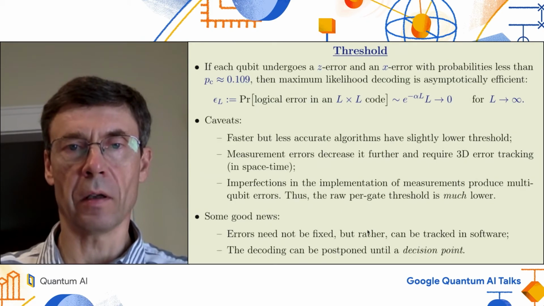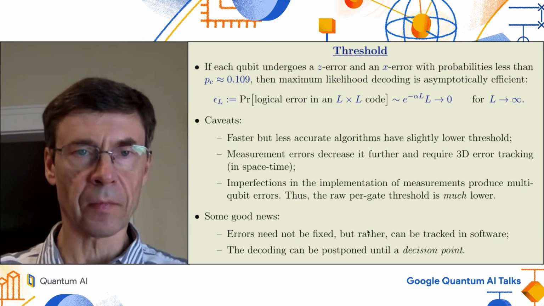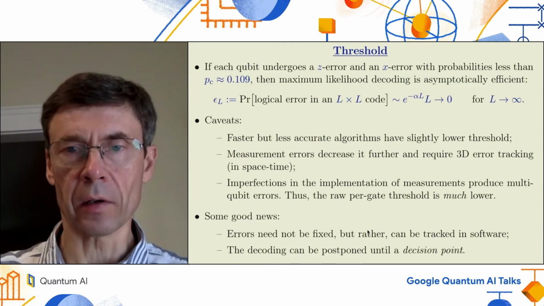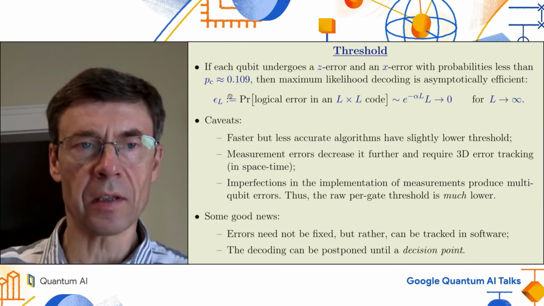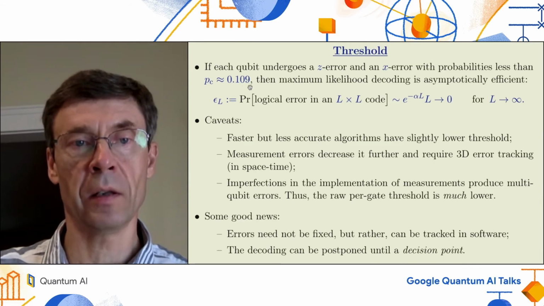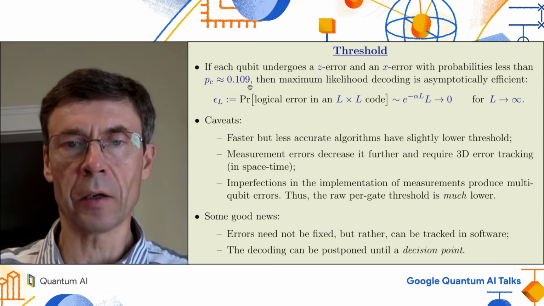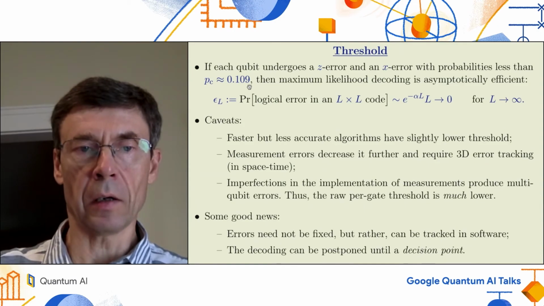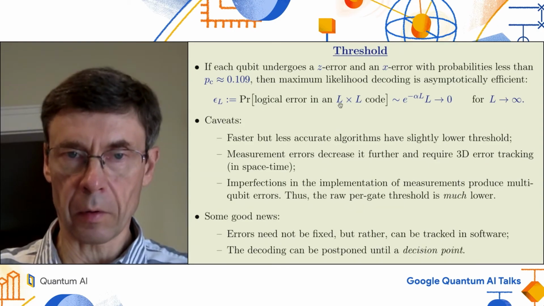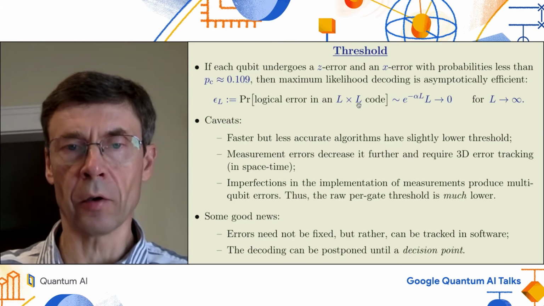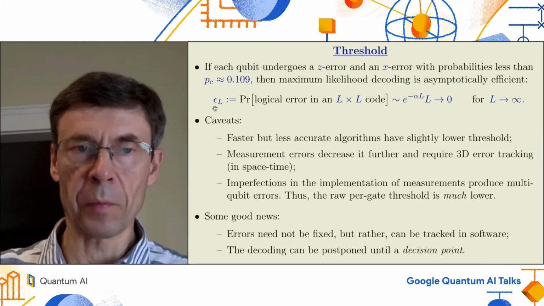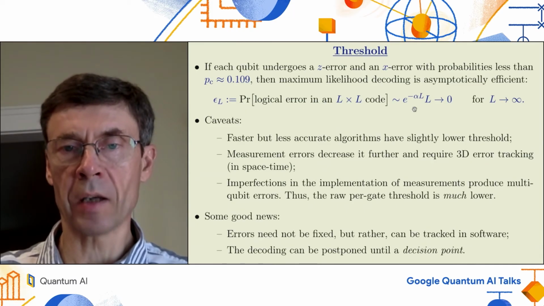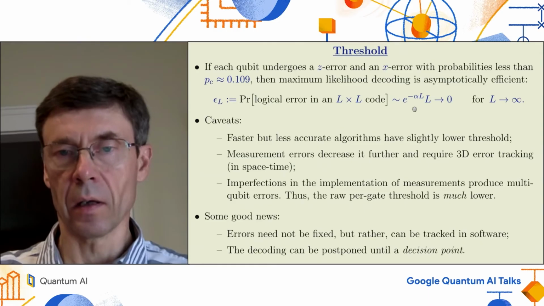This algorithm satisfies a threshold theorem. If each qubit undergoes a Z error and an X error with probabilities less than some threshold, which is about 11%, then the maximum likelihood decoding is asymptotically efficient. It means that if we construct an L by L code, the probability of a logical error in such a code scales down exponentially with the code size.